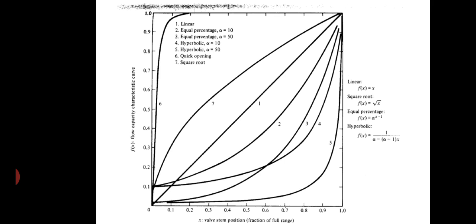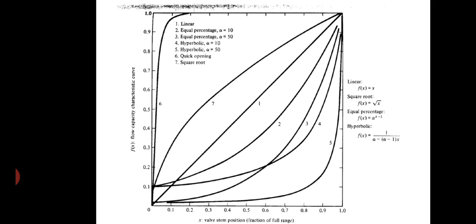The relationship of the hyperbolic characteristic curve is given by f(x) equals 1 by alpha minus (alpha minus 1) into x, where alpha is 10 and alpha is 50 for characteristic curves 4 and 5. The last characteristic curve is 7, and I have told you this is the square root, given in terms of f(x) equals root x.